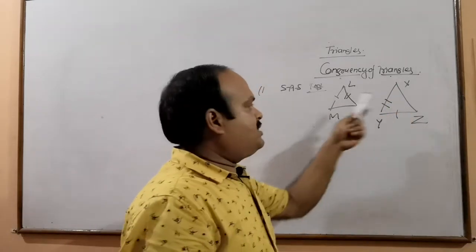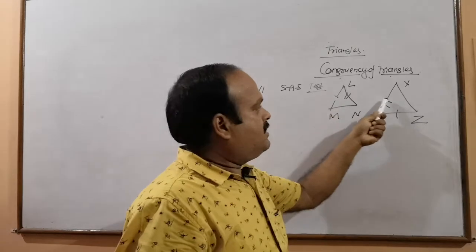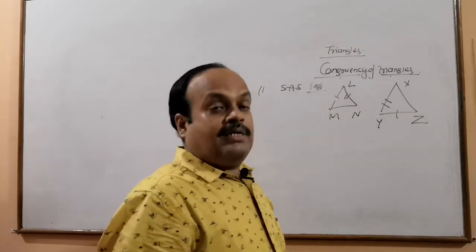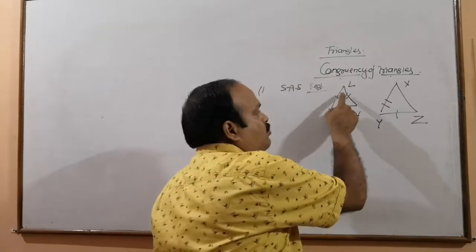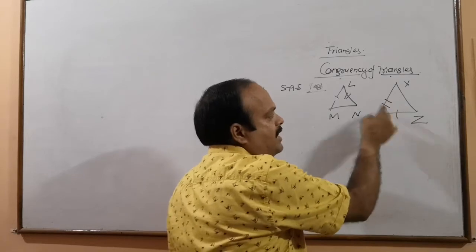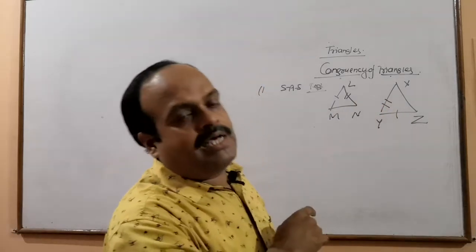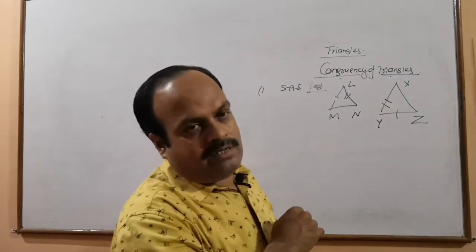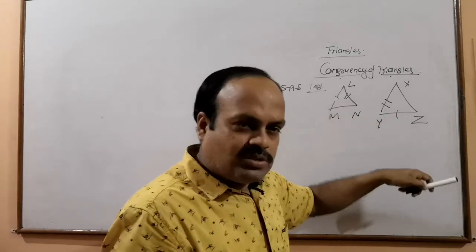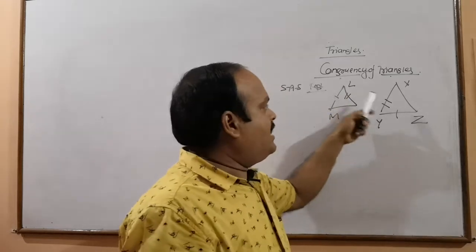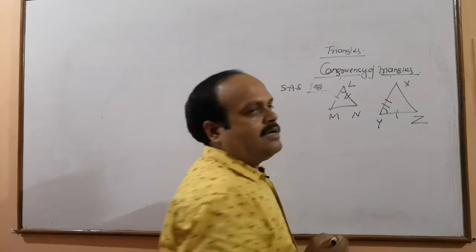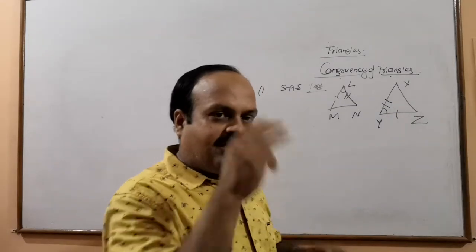So if in two triangles two sides are equal to the two sides of the other one by one, and the included angle, in between, the included angle is L, in between, the included angle is Y, and the included angles are also equal in two triangles, when the two sides of one are equal to the two sides of the other and included angles are also equal, then also the triangles are congruent.